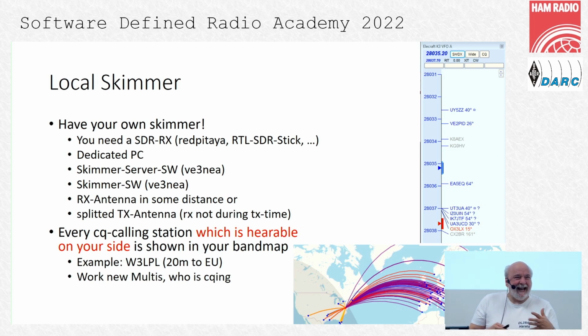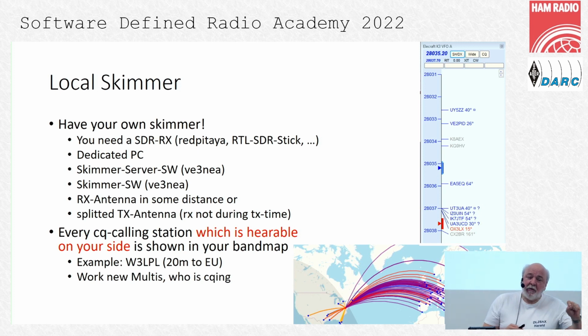You need an RX antenna at some distance from your transmitting antenna, around 100 meters. Or you can split your TX antenna with the local skimmer, but then you can only receive during the receiving time, not during the transmitting time.